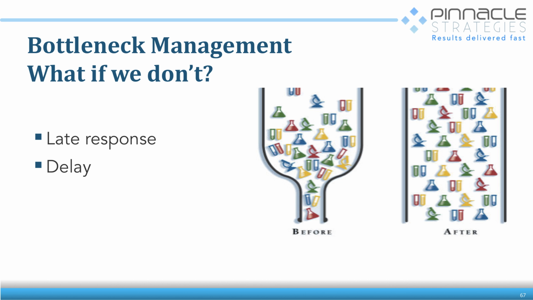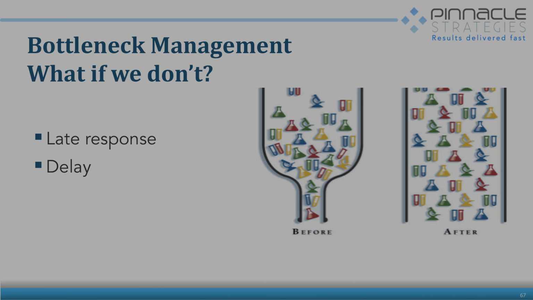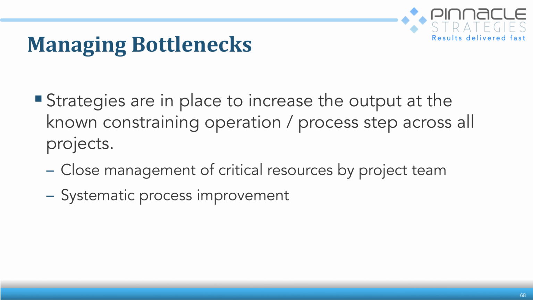Now, of course, what happens? The big thing is that we're trying to really increase throughput, and create strategies that will increase the output. This is where the role of the project manager shifts from managing the project to improving the process.